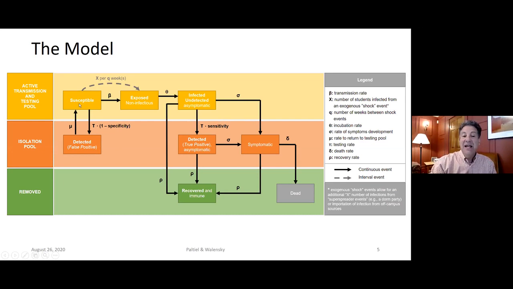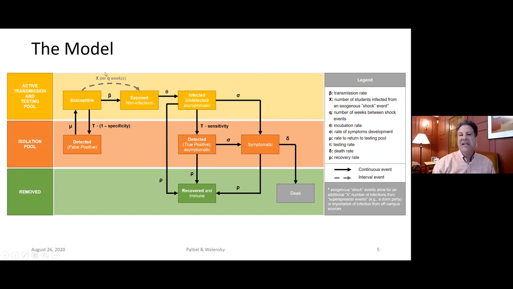The susceptibles, the uninfected, are being tested at rate T, and with 1 minus the specificity, they're becoming detected as false positives, and they return to the susceptible population with some rate, suggesting the confirmatory test that finally identifies them as having been false positives. In addition, with some sensitivity measure, students are becoming detected and placed in isolation. So this is the isolation pool, and this is the active transmission pool. One other big tweak to the standard SEIR framework is this thing up here, this X. These are the imported infections.